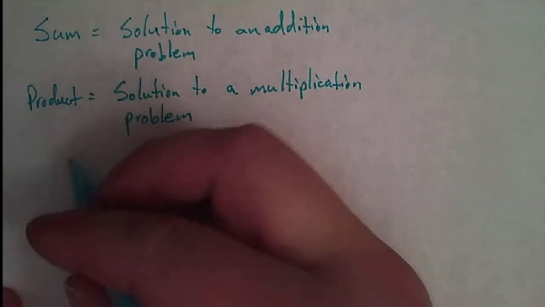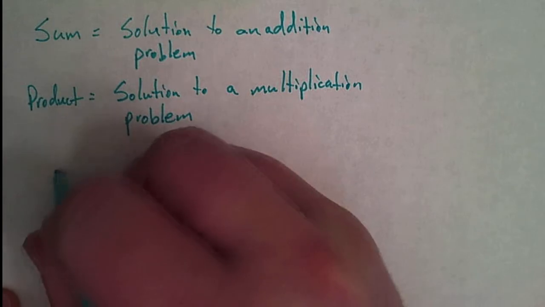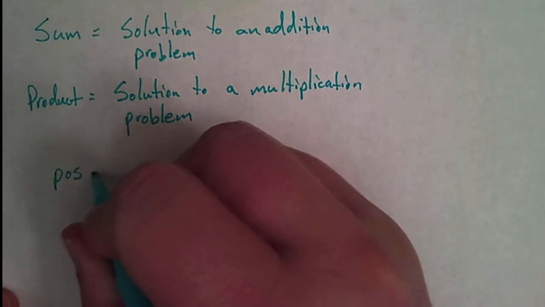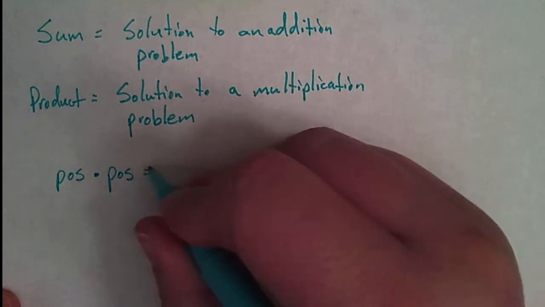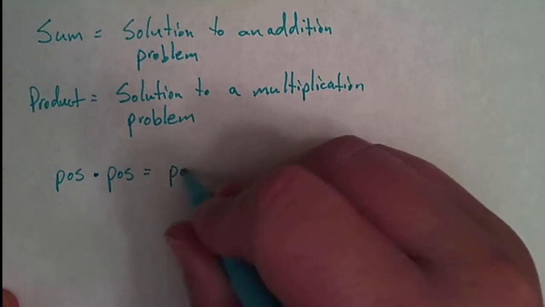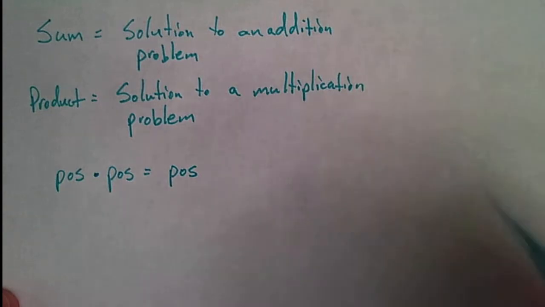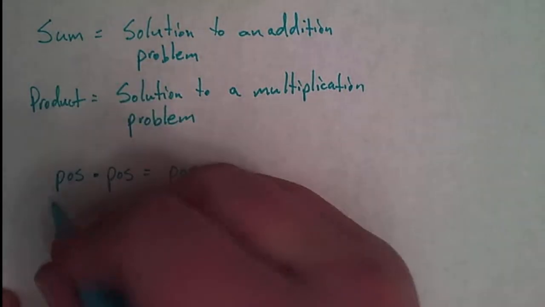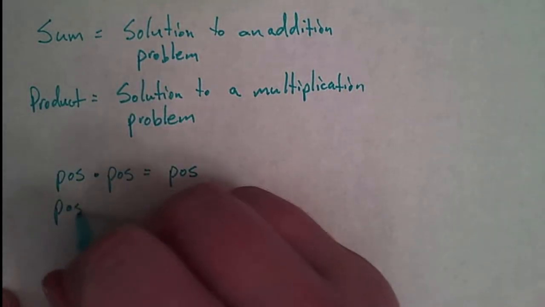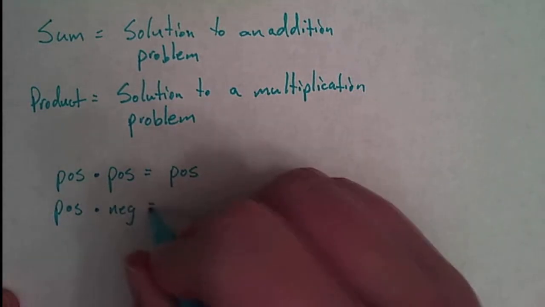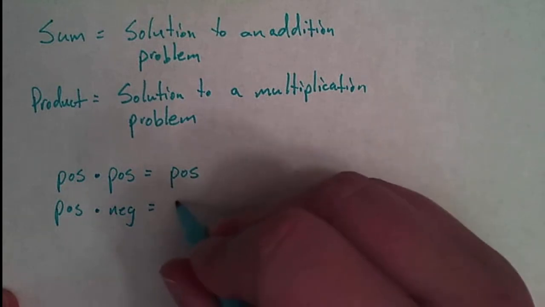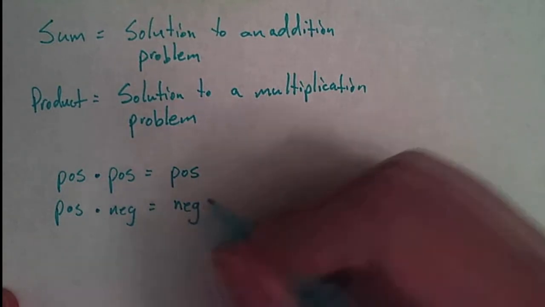We know that if we take a positive times a positive, our result or our product is going to end up being positive. Okay, we know that when we take a positive times a negative, our result is going to be negative.